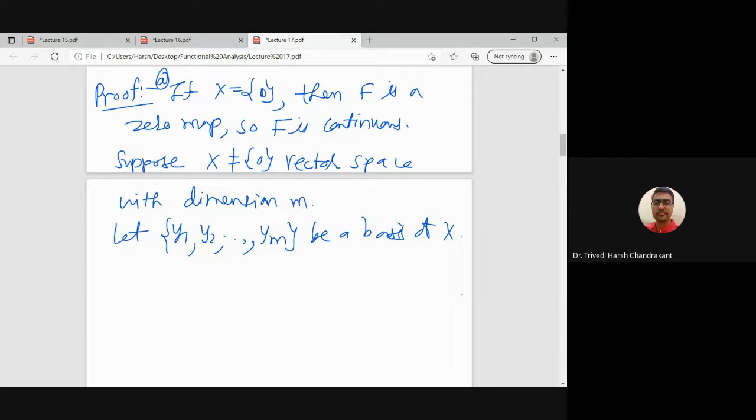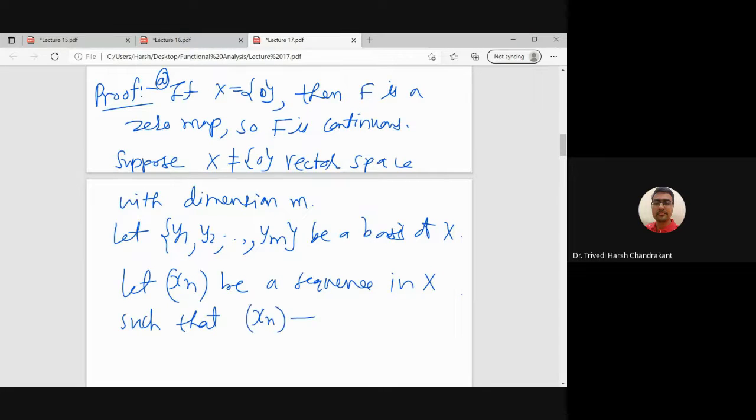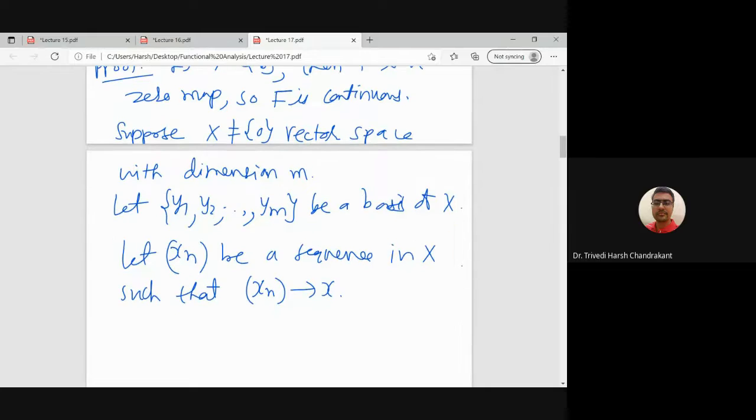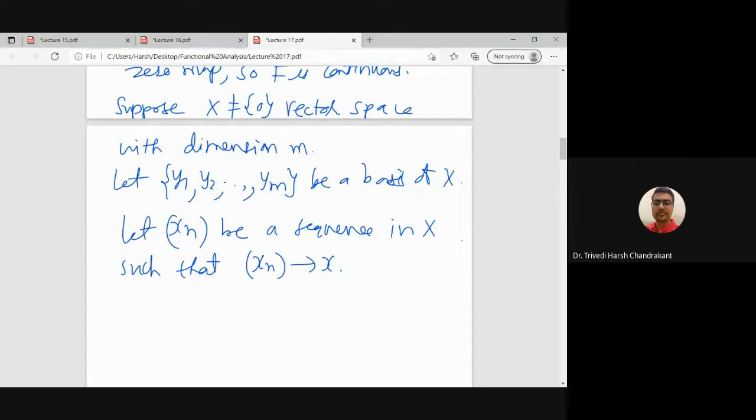So let us start with a sequence. Let xn be a sequence in X such that xn converges to some point x. It is enough to check for x equals 0, but let us start with xn converging to x in X.